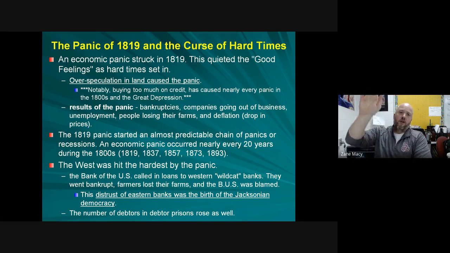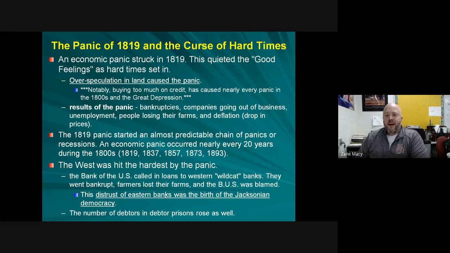There's growth, then there's a recession. 1819, 1837, 20 years later in 57, a little less than 20 years later in 1873, and then again in 1893. So throughout the 19th century, we had an almost predictable cycle of growth, and then not quite the Great Depression, but severe drop-offs, recessions.